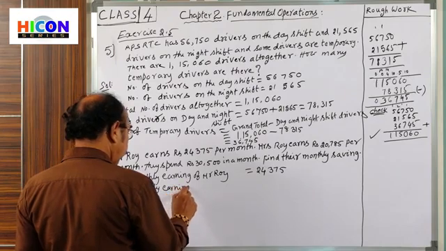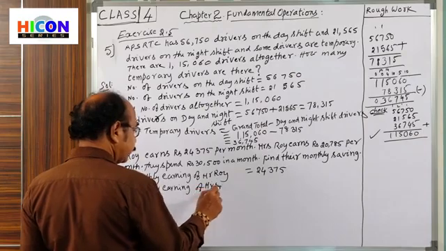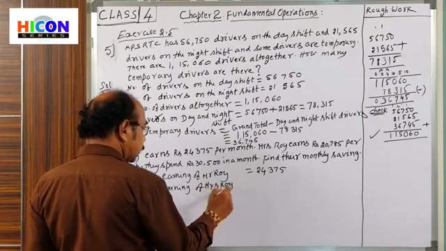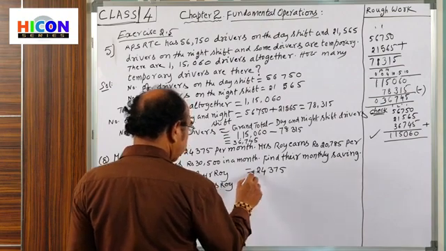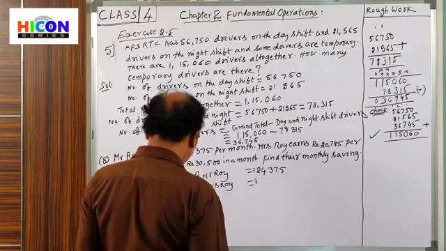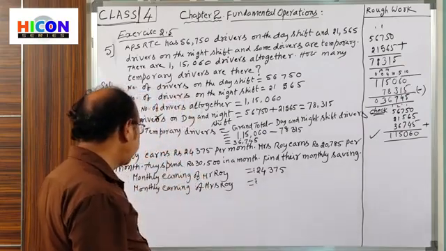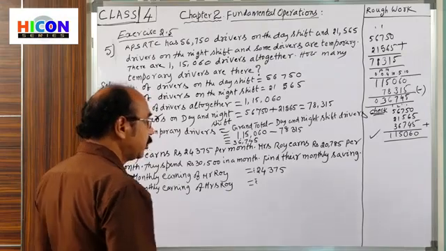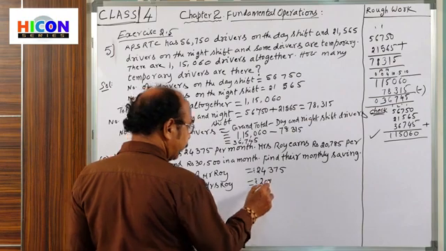So you write here, monthly earning of Mrs. Roy. How much? Rupees, here rupees also, right. Amount, that's right. Rupees symbol here. Monthly earning of Mrs. Roy, how much? 20,785.